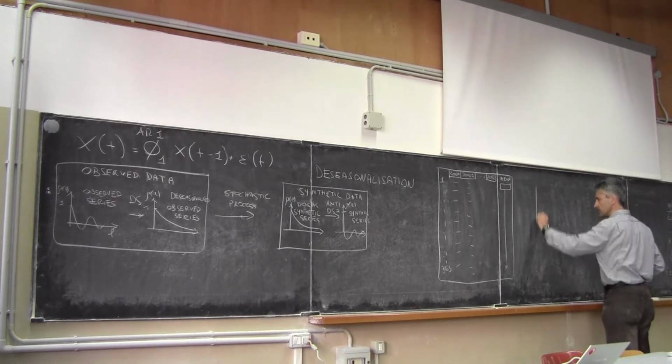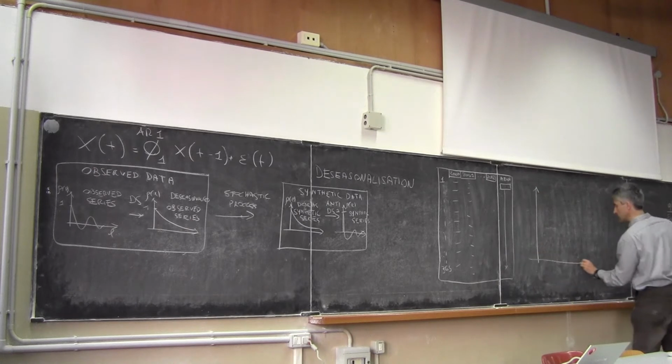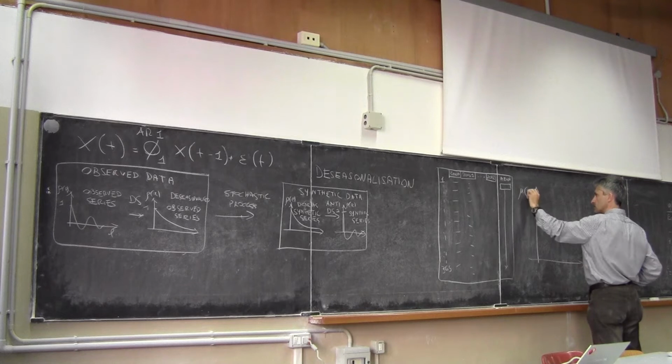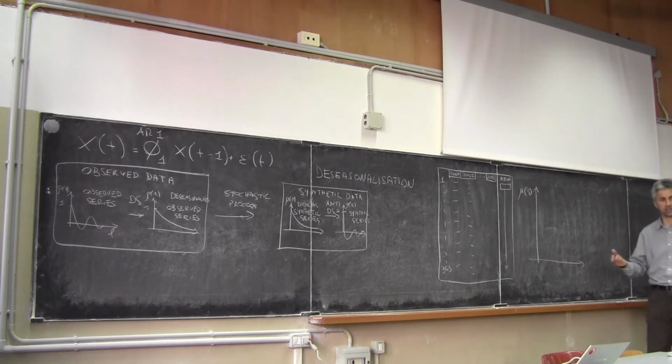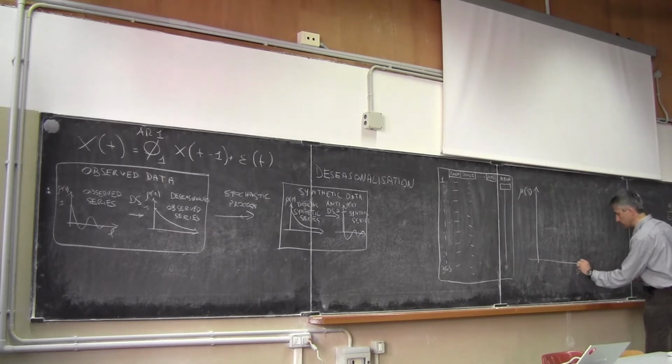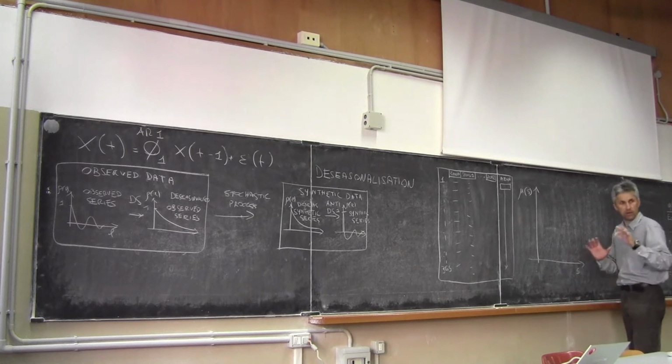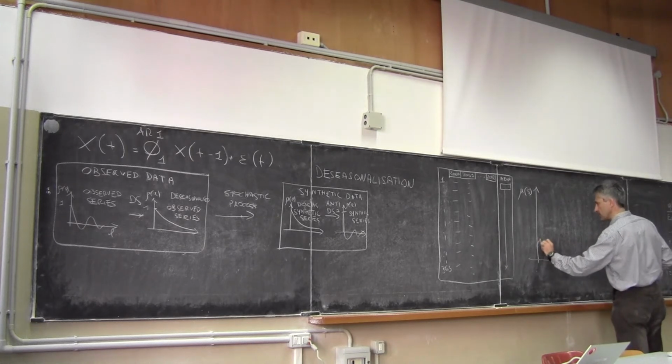And if you plot it, you may call it S, where S is an index that varies between 1 and 365. So let's put S here. And what you get is something that in our climate looks like something like this.